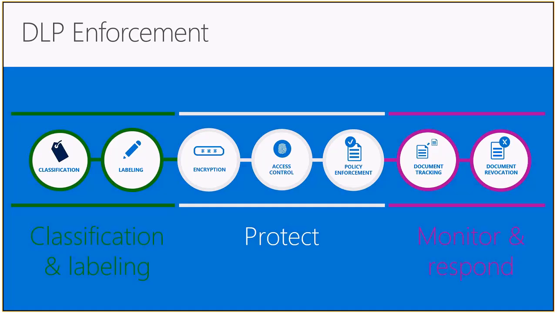This is obviously a really great feature if you have a lot of legacy data, a lot of legacy content, and it's tough to retroactively go back and have users individually identify that something needs to be classified for protection.